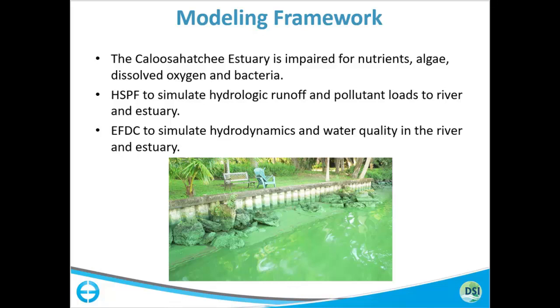You can see the figure here with the greenish water. HSPF is a hydrological model that was used to simulate runoff and pollutants in the river, and the output from HSPF was linked into the EFDC model.